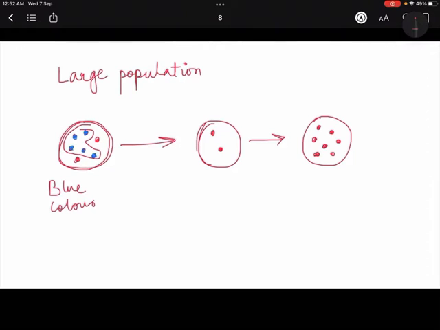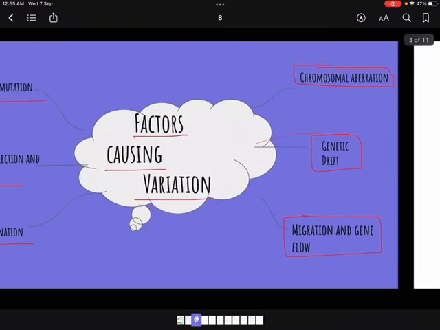Only people with black eye color were left, and over the time they mated, and a new population stock came up which had black eye color as the dominant one. So this is genetic drift. Impact on variation will not be much of course, but if it ever happens, it will create an impact, right? So this was genetic drift.